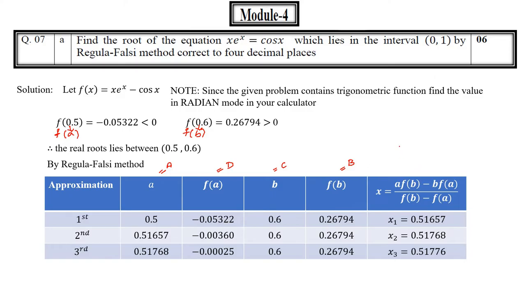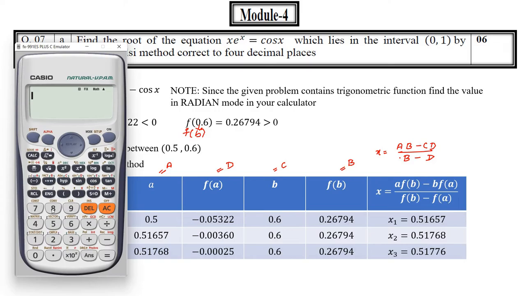What I am going to do is consider x equal to (AB minus CD) whole divided by (B minus D). This is what I am going to do in our calculator. Everyone observe the calculator, take out your calculator and work along with me. Consider the fraction here.